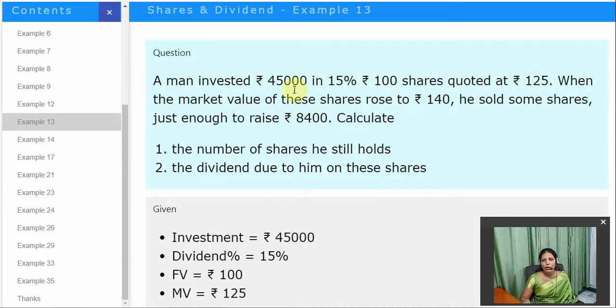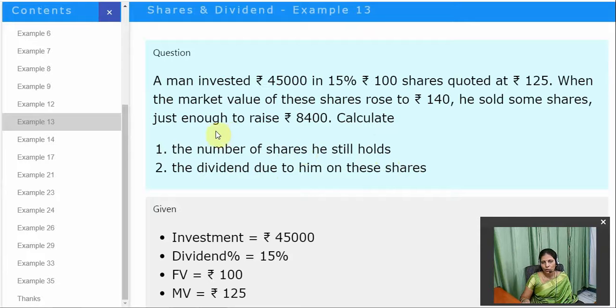When the market value of these shares rose to rupees 140, he sold some shares, just enough to raise 8,400. Now calculate two subdivisions. Calculate the number of shares he still holds. The next is the dividend due to him on these shares.